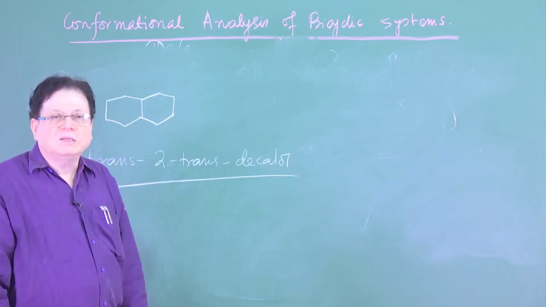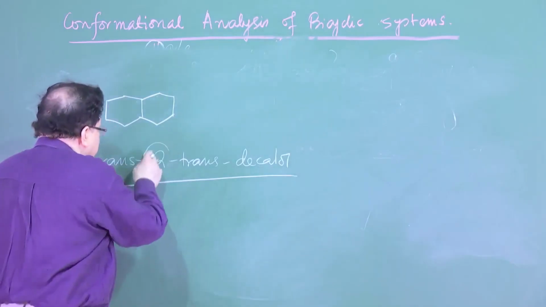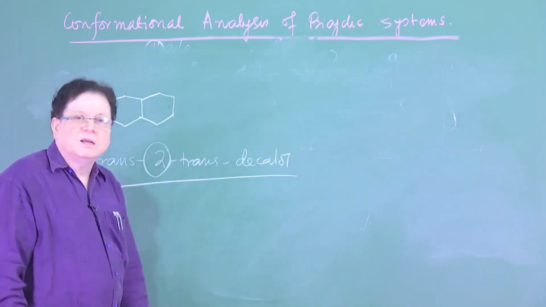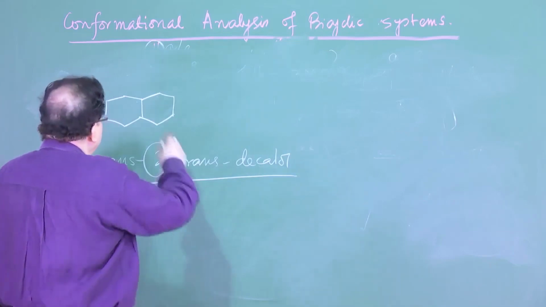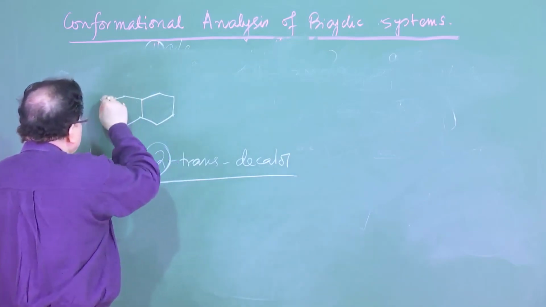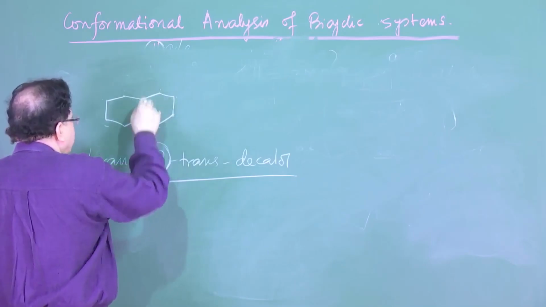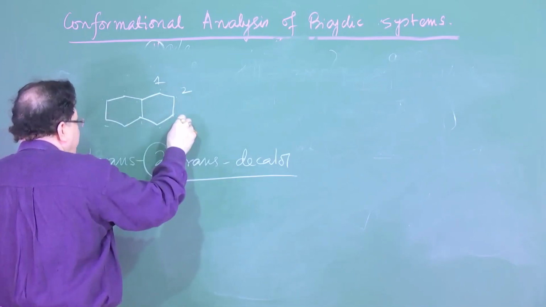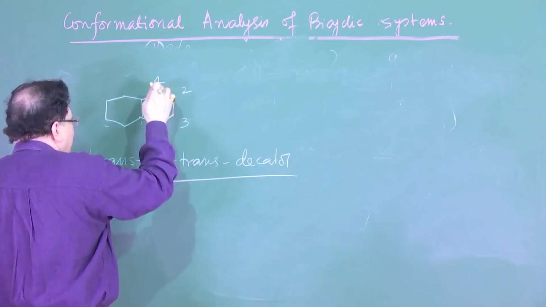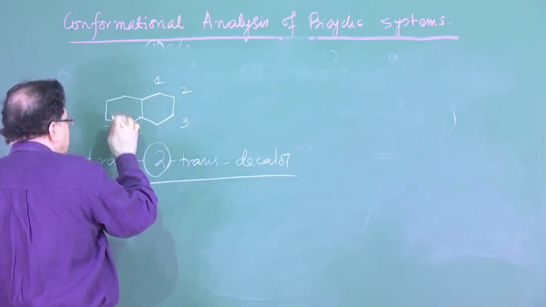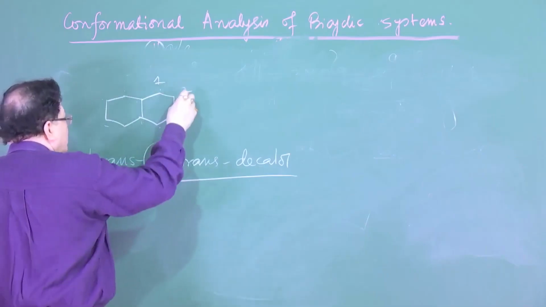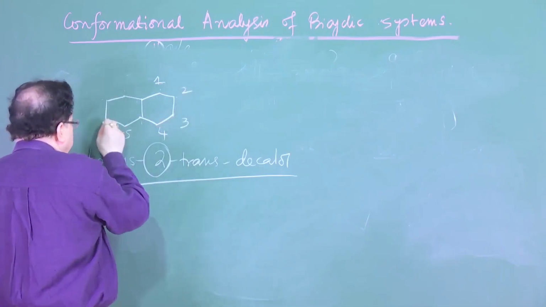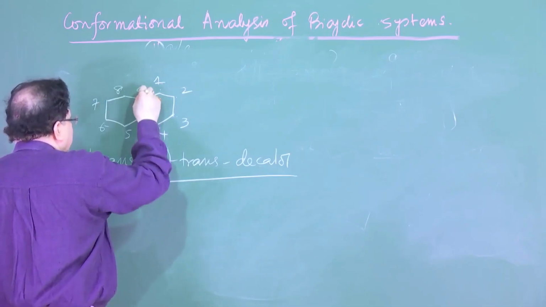Where is that somewhere? The number tells you where that alcohol is. Earlier we were putting numbering 1, 2, 3, 4, 5, 6, 7, 8, 9, 10. You can put 1 wherever you like, but it has to be either this, this, this or that. So, 1, 2, 3, 4, 5, 6, 7, 8, 9, 10.